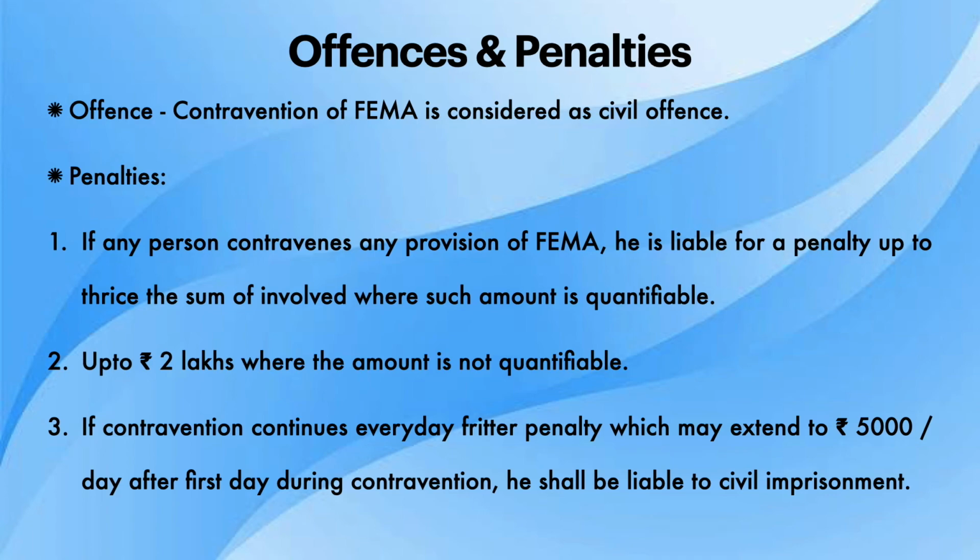So every day from the day he has contravened or gone against the law, right from that day, every day he has to pay 5,000 as the penalty, until the court finalizes or imprisons, depending upon the amount of offense he has done against the law. Every day he is liable to pay the penalty of rupees 5,000.